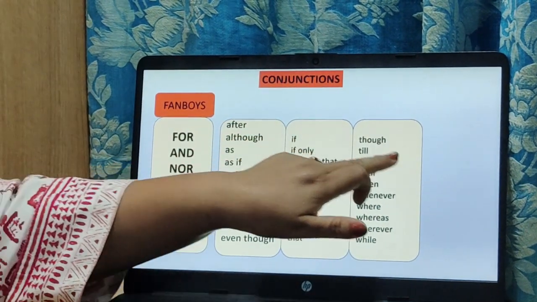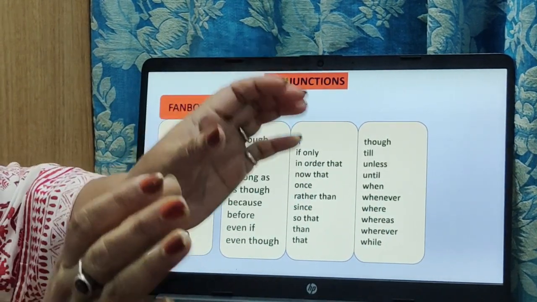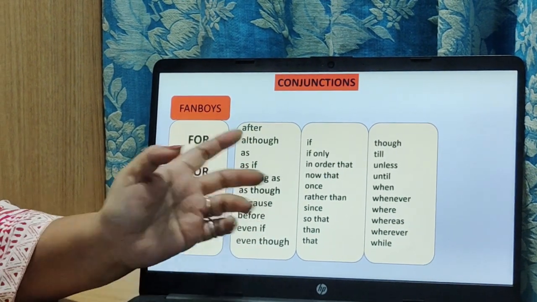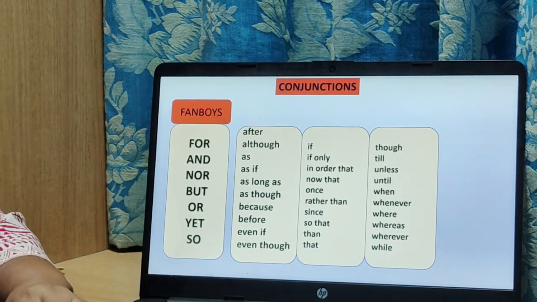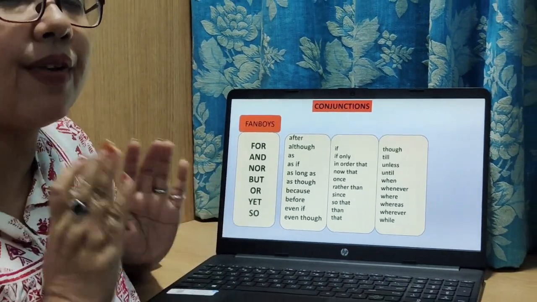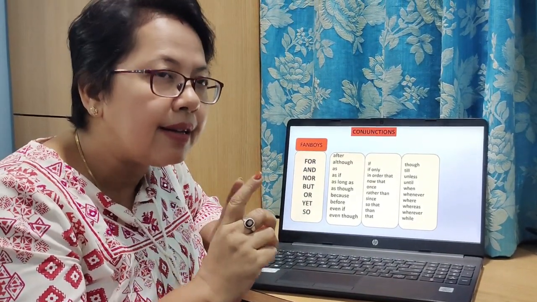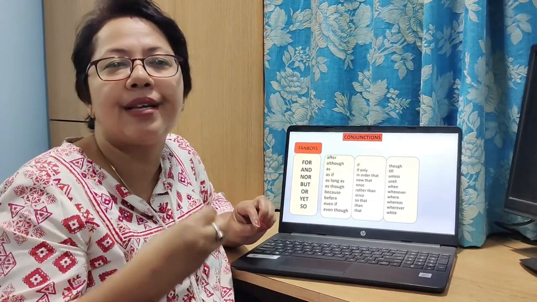But when I talk about this type of conjunction, the two sentences will not be equal. Like I can say, although he is famous, he is not happy. Now, in "although he is famous", one verb is there, "is". The other part, "he is not happy", another verb is there, "is".